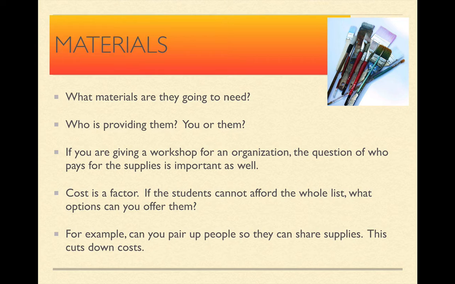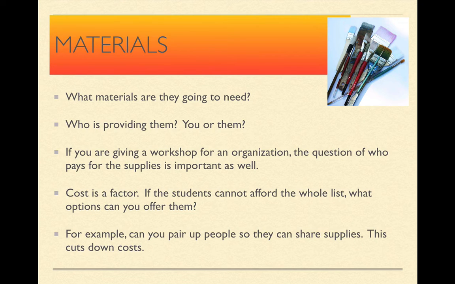Cost is a factor. If the students can't afford the whole list, and some can't, you have to keep that in mind. What options can you offer them? Can they get away with buying just 3 colors? Or just 1 chisel? That kind of thing.